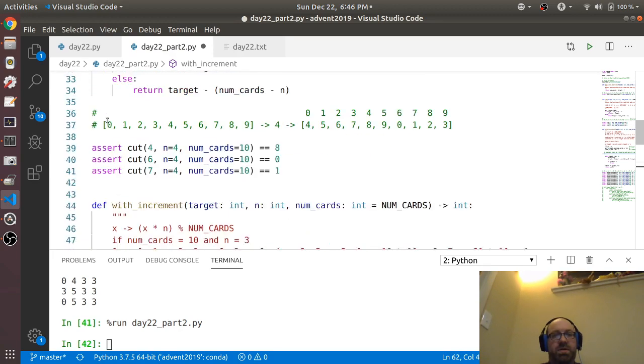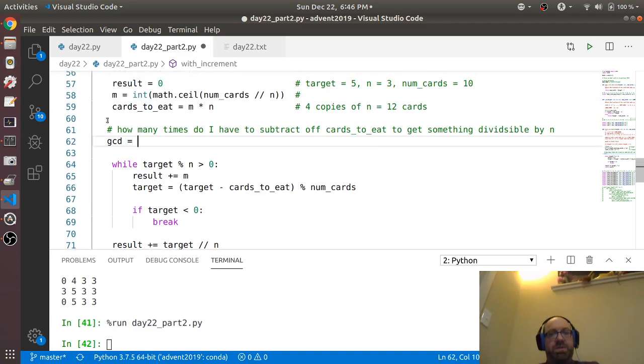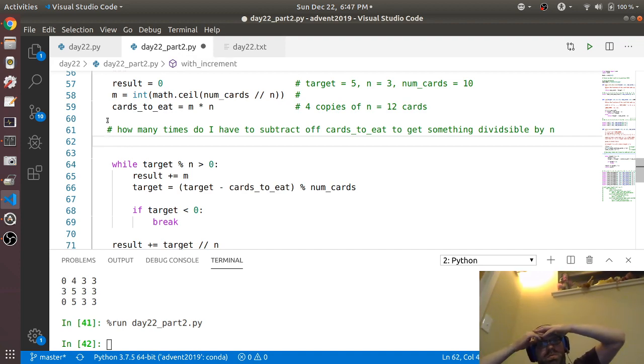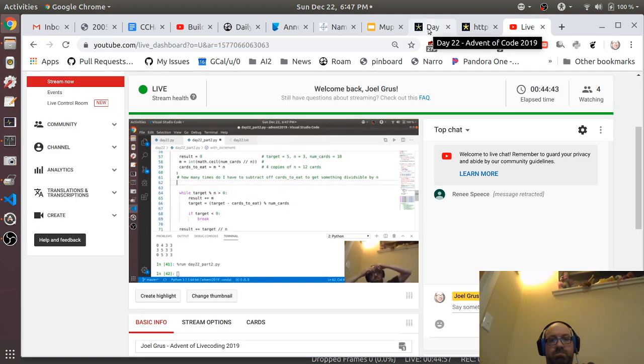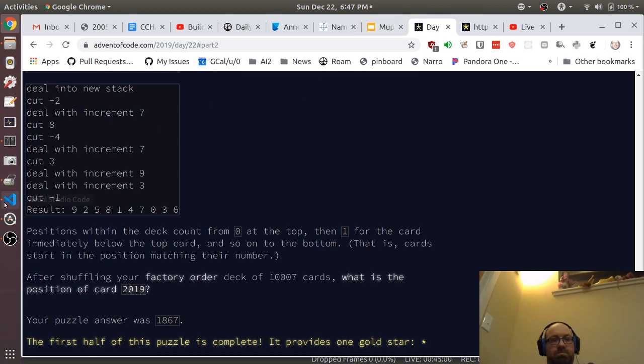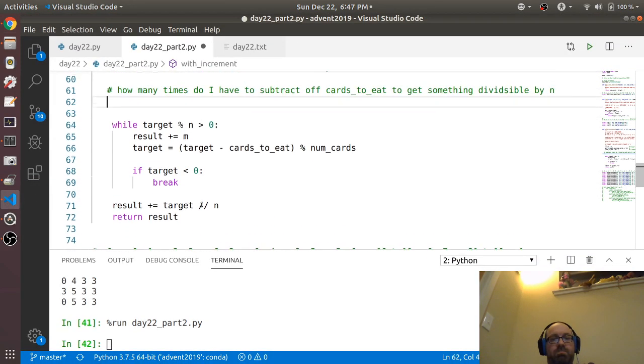And so I imported math. So let's say GCD equals, oh, I don't want to use GCD quite yet. So I don't want to actually do this because it's going to take too many times.